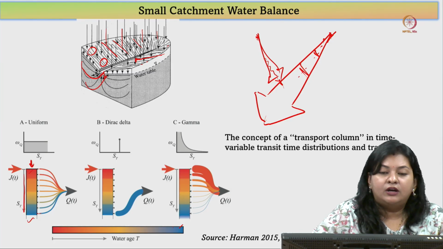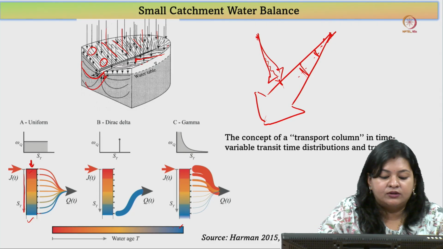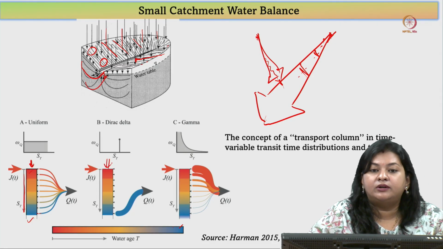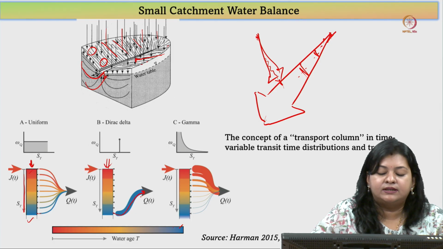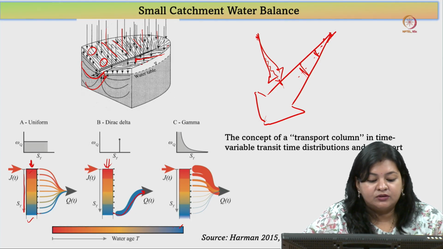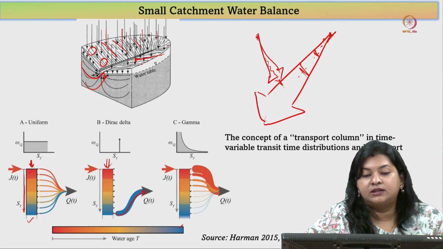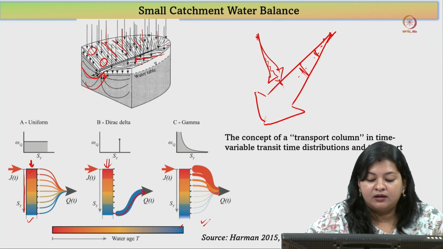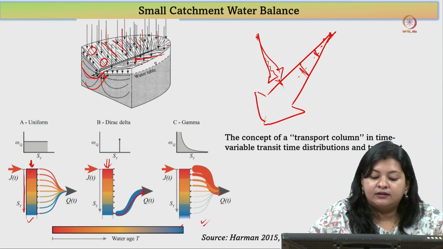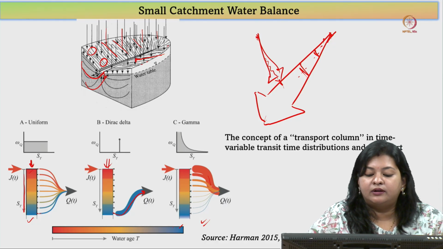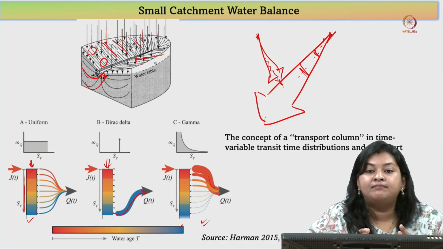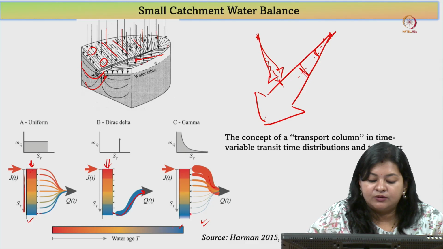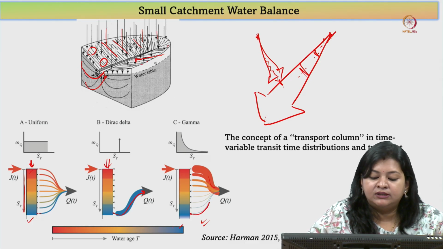Or, what may be happening is that you are supplying more water, the new event water is getting stored, and the old event water is getting released. This is called a direct delta distribution, where only the old water is released into the system. Another type is the gamma distribution, where in certain cases the new event water that is falling contributes the maximum to the stream flow, while the oldest contributes the least.